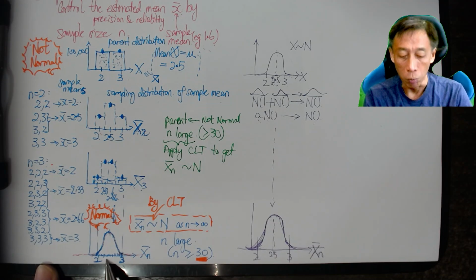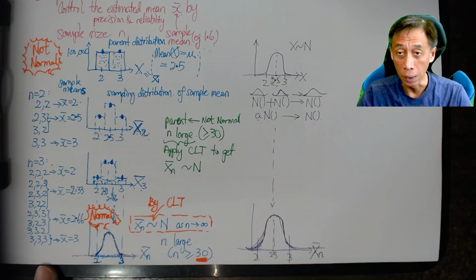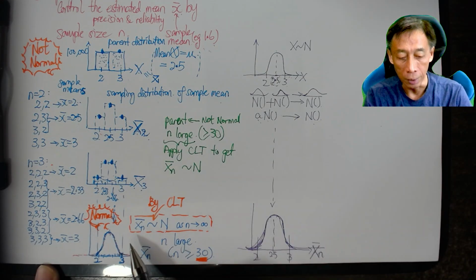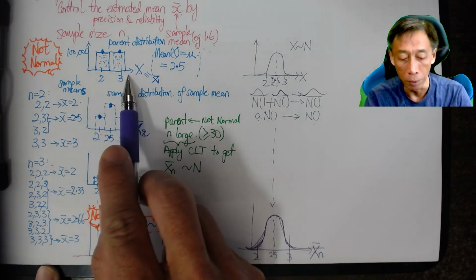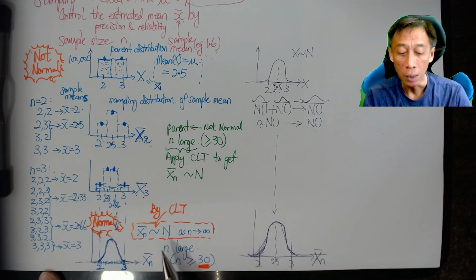So we hope for our x̄n to be normal. And when we didn't start with a normal parent, we are able to get a normal sampling distribution if n is large.